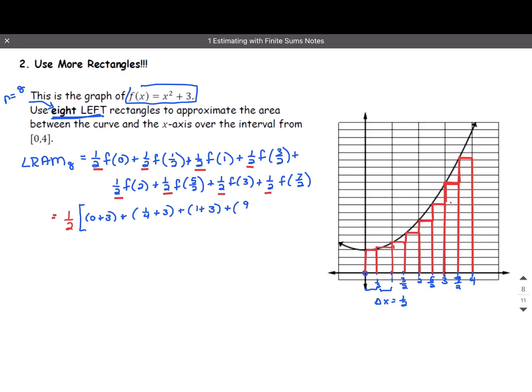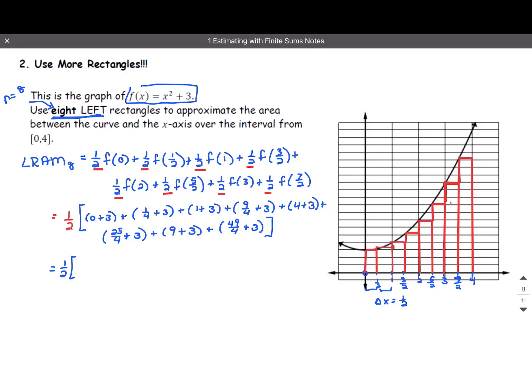F of 3 halves is 9/4 plus 3. f of 2 is 4 plus 3. f of 5 halves is 25 fourths plus 3. f of 3 is 9 plus 3. And f of 7 halves is 49 fourths plus 3. So we still have 1/2 times.